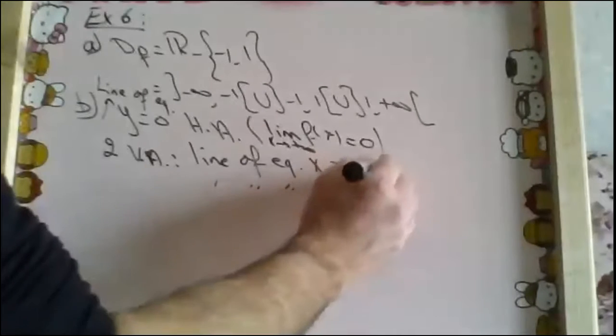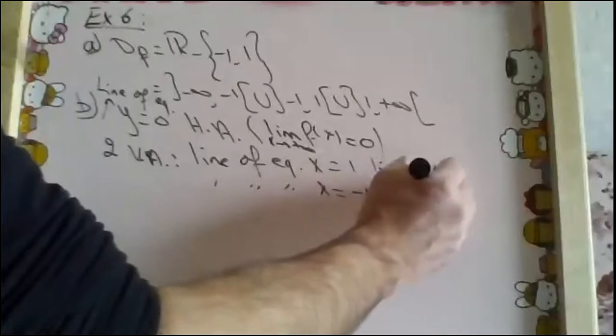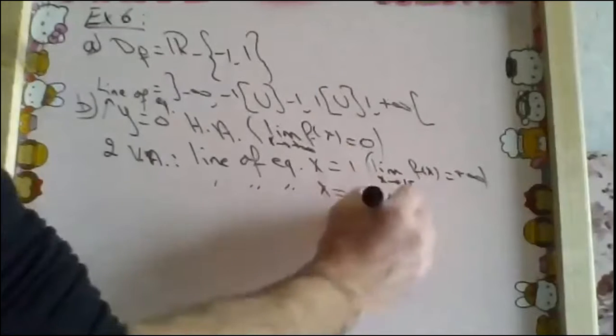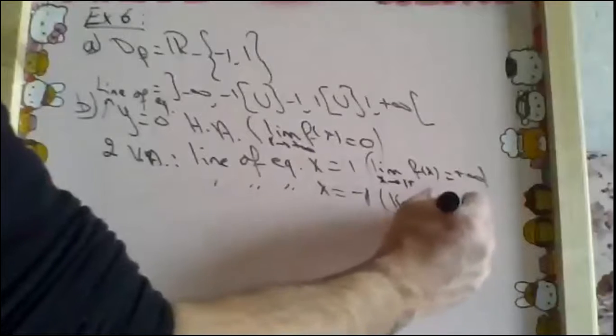For x equal 1, also from the graph, the limit as x approaches 1 from the right is positive infinity, so x equal 1 is a vertical asymptote. Similarly for -1, the limit as x approaches -1 from the right is negative infinity from the graph, so x equal -1 is a vertical asymptote.